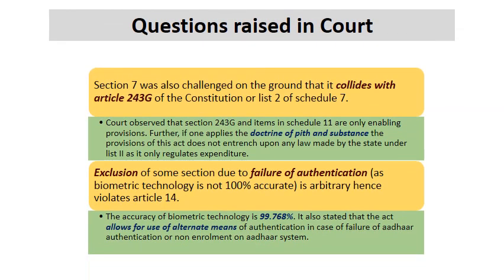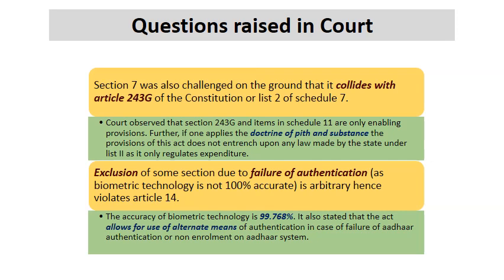Another issue with Section 7 of the Aadhaar Act was that it collides with Article 243G of the Constitution, as well as states' power to legislate on List 2 under Schedule 7. Now, the court to validate this section had to apply the doctrine of pith and substance.